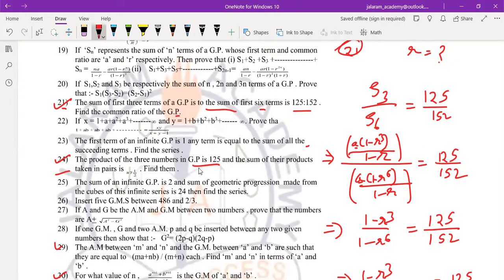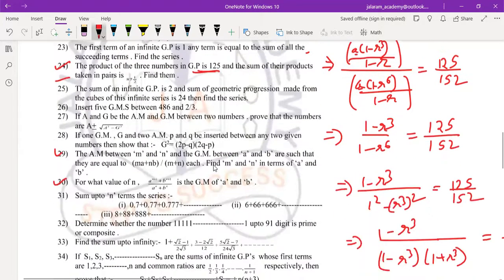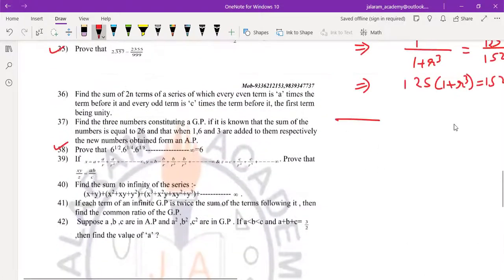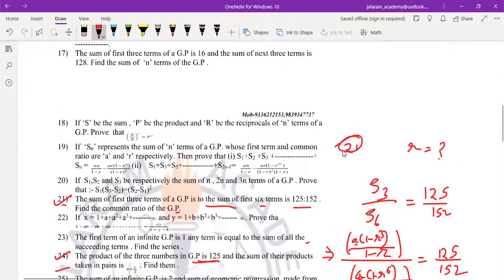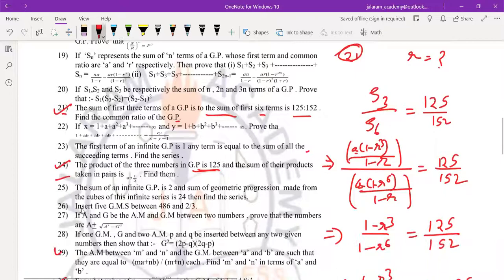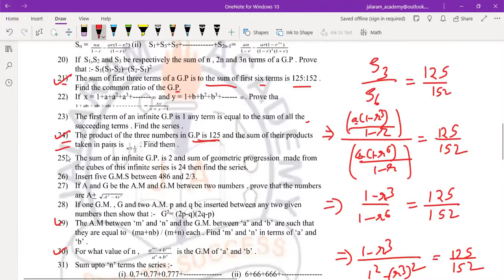It is given that the product of three numbers in GP is 125. Though we can take A by R, A and AR also, there is no need to. It will be easier if we take A, AR and AR square.